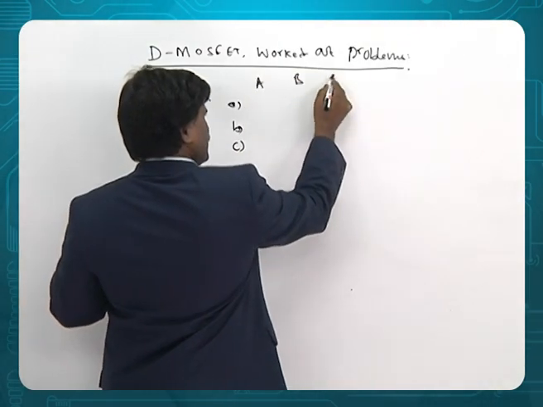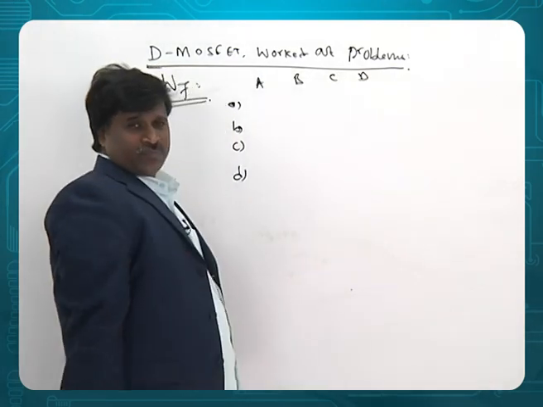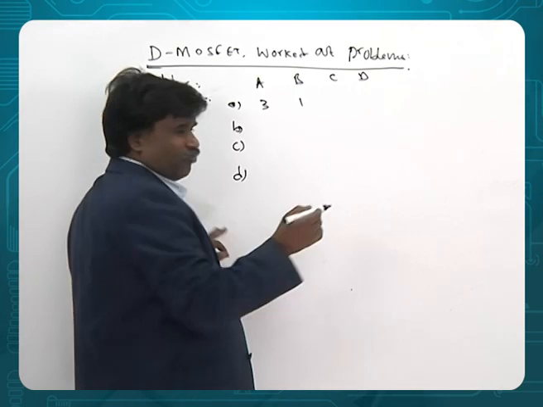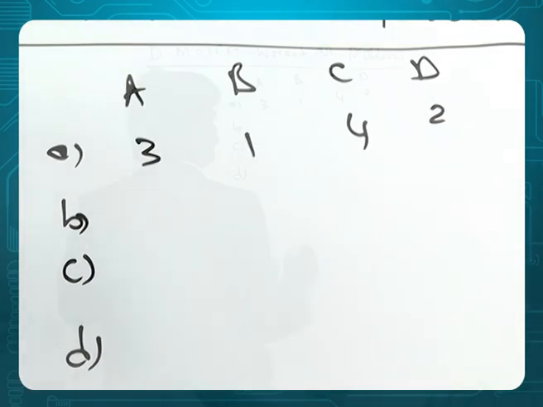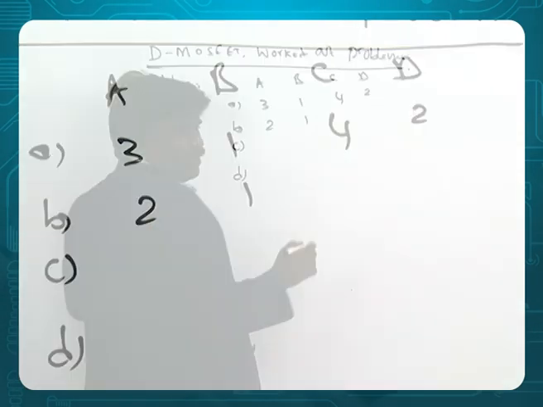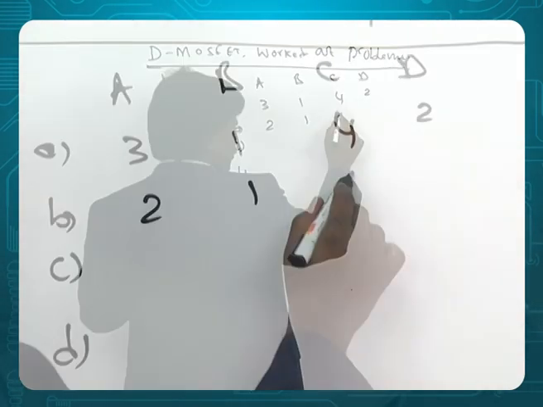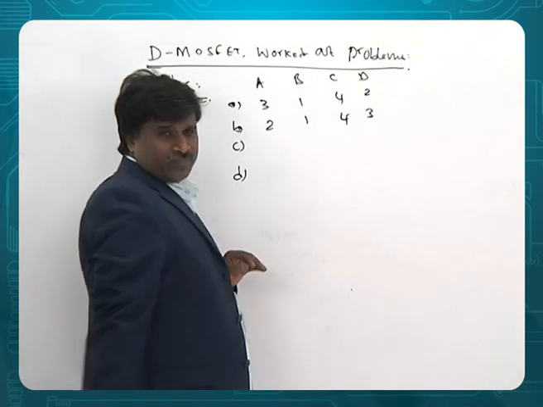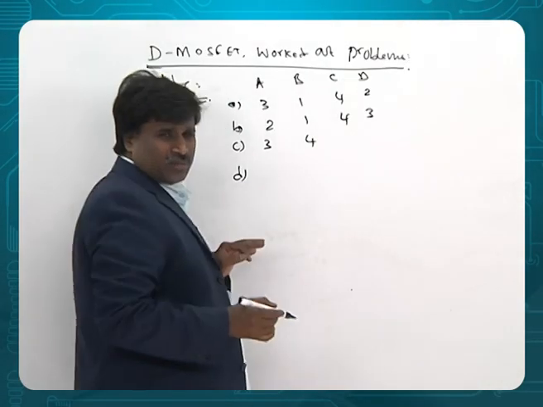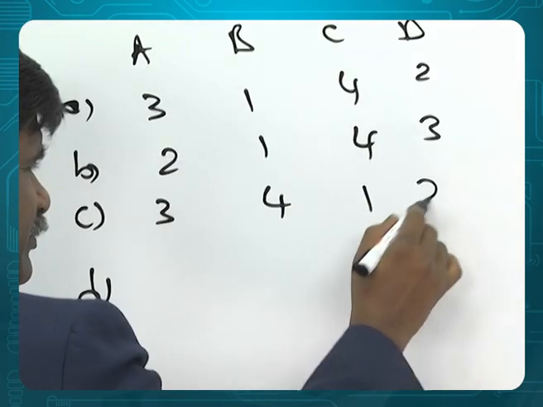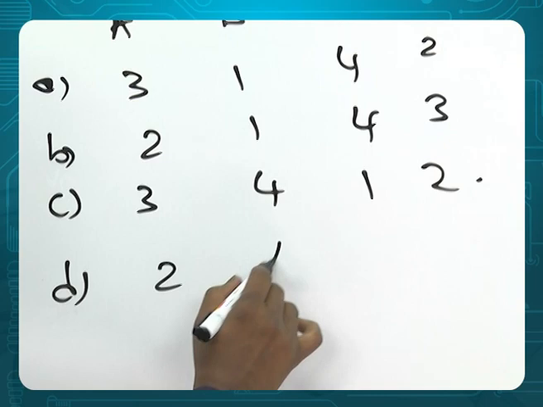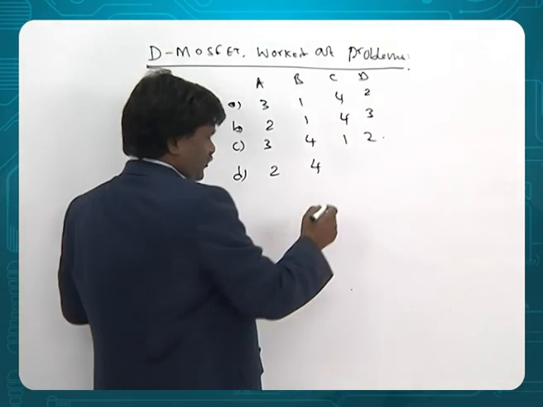Say A, B, C, D. Okay, he said 3142. Second one he says 2143. C he says 3412. D he says 2413.